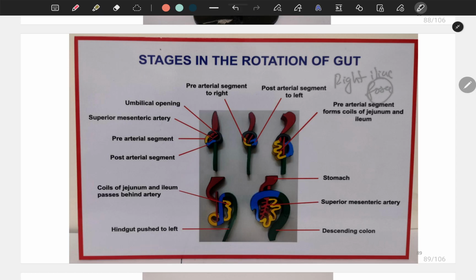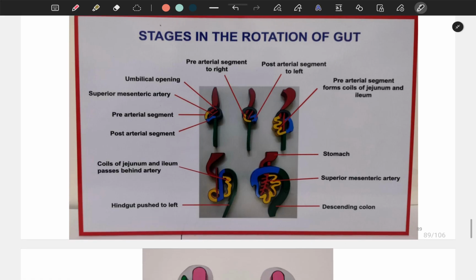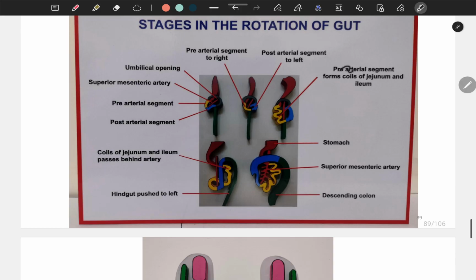Okay, and forms the appendix, colon, and so on. The pre-arterial segment forms coils of jejunum and ileum, behind the artery. This is important. Hindgut is pushed to the left, forming the descending colon.